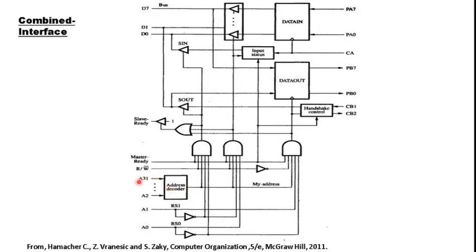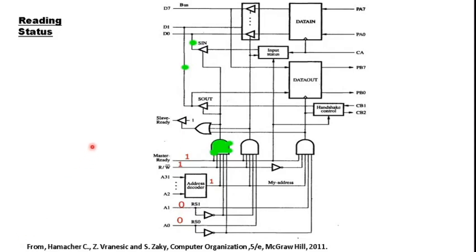If you see this design here, the MSB 30 bits of the address help in selecting this entire interface. The remaining 2 bits, A0 and A1, are used to select between data in, data out and the status bits S in and S out. As there are 3 commands, we require a minimum of 2 bits for selecting between them. So this is a rough idea of this interface. Now we will go through the various operations possible in this interface.